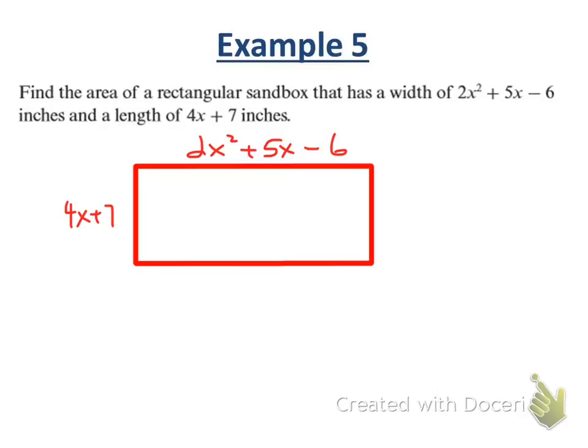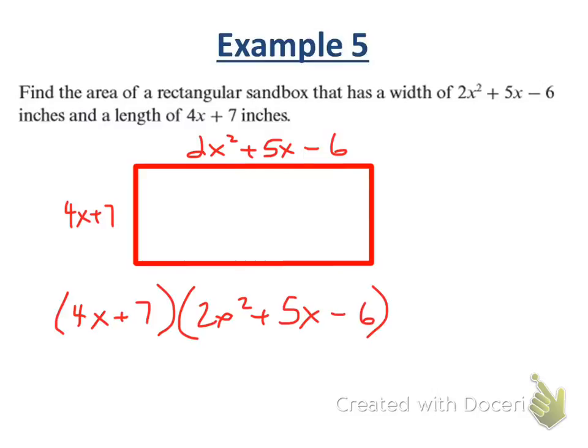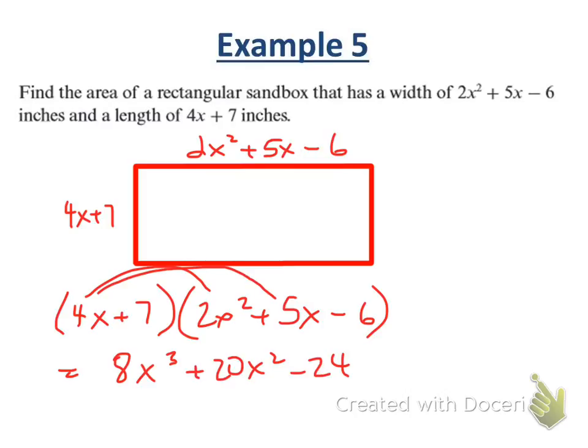The area is equal to the length times the width, or width times length. It doesn't matter. You could do this however you want. So 4x plus 7 times 2x squared plus 5x minus 6 is equal to 8x cubed plus 20x squared minus 24x.